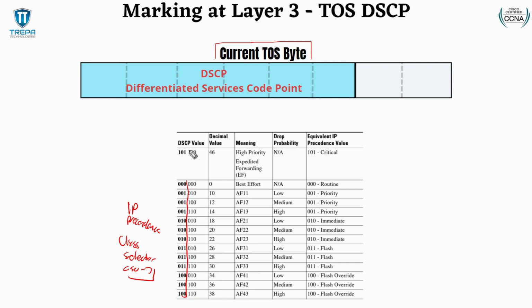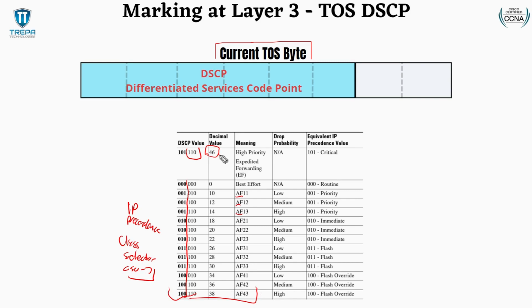Well, we added these 3 bits to create DSCP bits. We got assured forwarding in different levels: AF11, 12, 13, then 21, 22, 23, 31, 32, 33, and then 41, 42, 43. And then the highest level, or the best priority we could give, was EF, expedited forwarding, which was that decimal value of 46. So these are the only DSCP values we have.